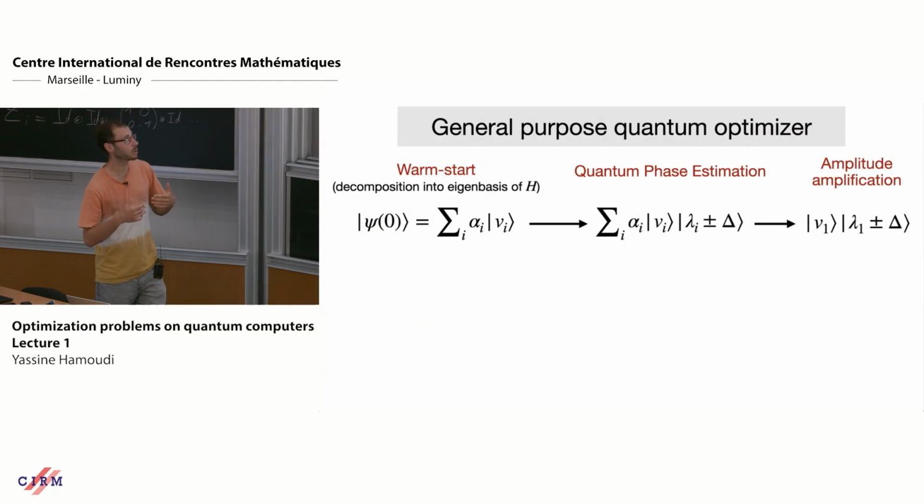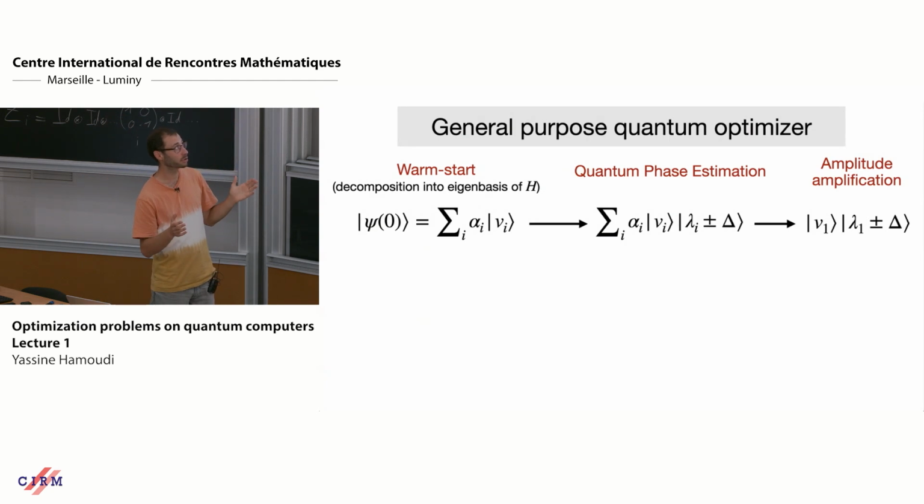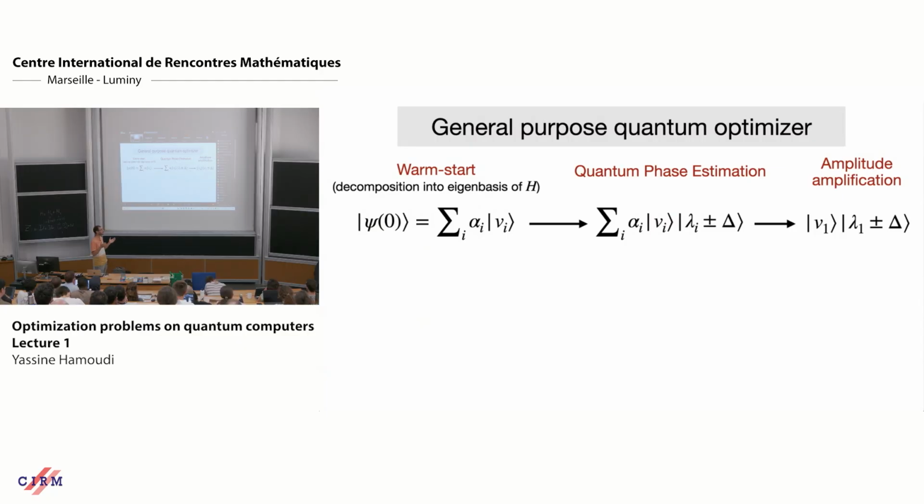Then we run quantum phase estimation on that state, so it will estimate the eigenvalue in superposition up to a precision delta, which is sufficient to distinguish lambda 1 from the other eigenvalues. And then at the end, either we measure the state and hope that it will collapse to the smallest eigenvalue, or we could also use something called amplitude amplification, which will amplify the amplitude of the lowest eigenvalue. This is a standard amplification technique.